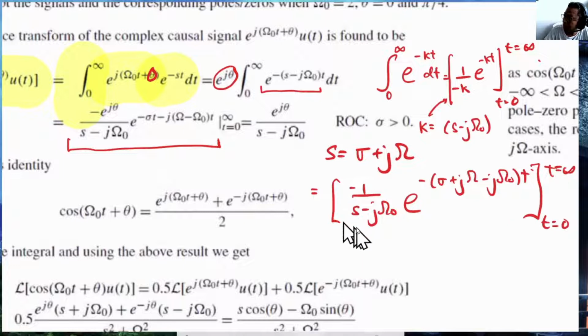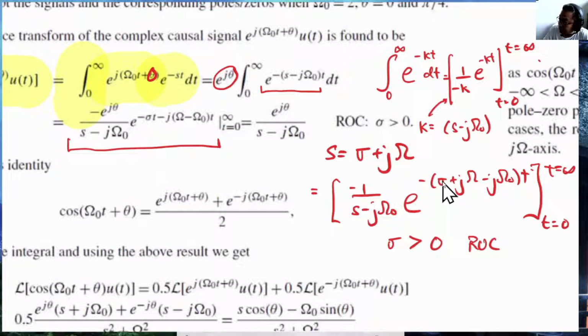We substitute k into the expression over here and we get this expression. We are interested to see what happens at t equals infinity. When t equals infinity, for this whole expression to converge, sigma must be greater than 0. So for the region of convergence, sigma must be greater than 0.